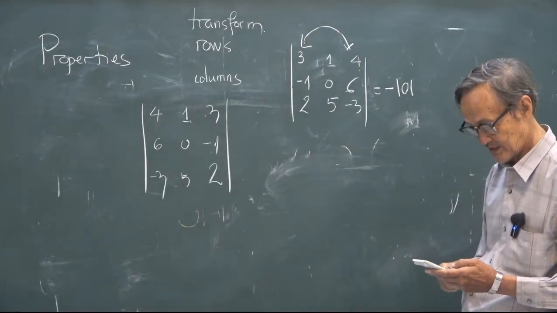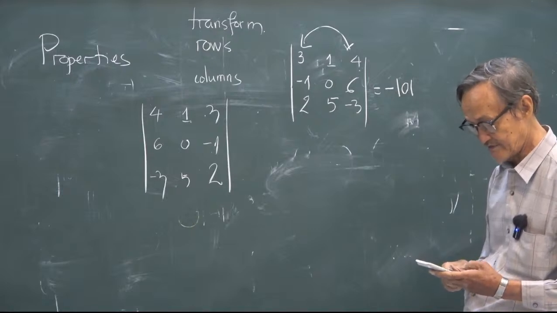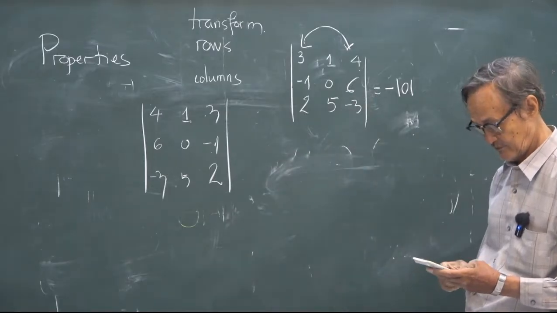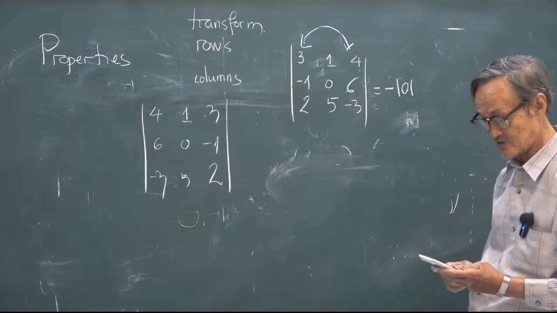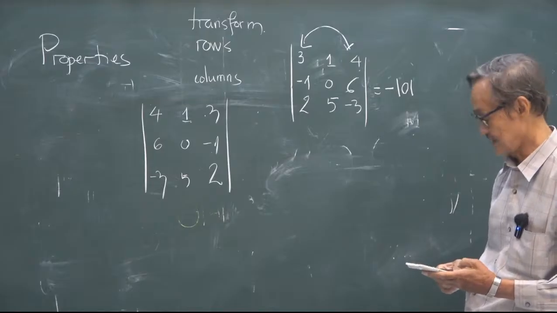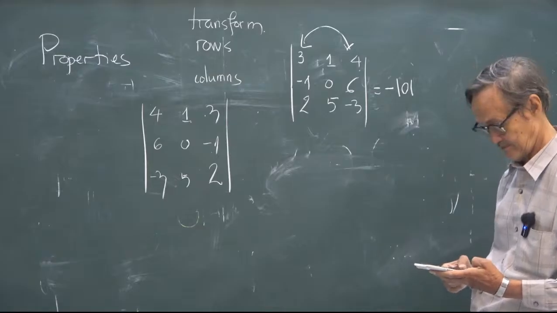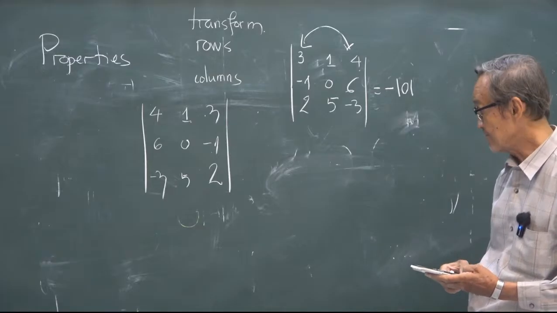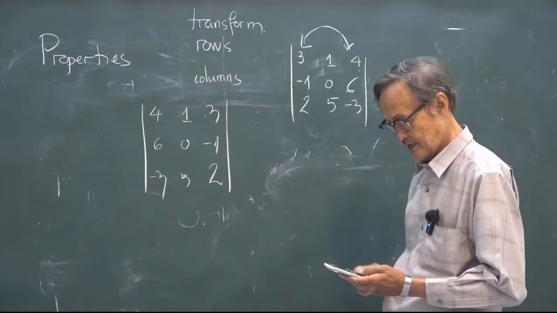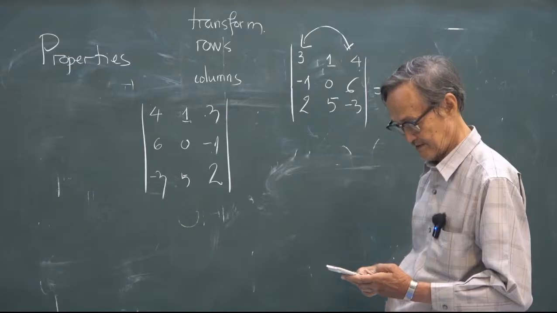Option. Define matrix. Number of rows 3, number of columns 3: 4 equals 1 equals 3 equals 6 equals 0 equals minus 1 equals minus 3 equals 5 equals 2 equals, AC. Option, number 2 determinant.